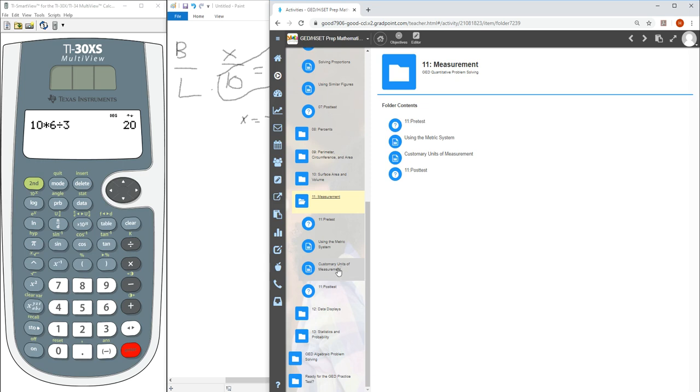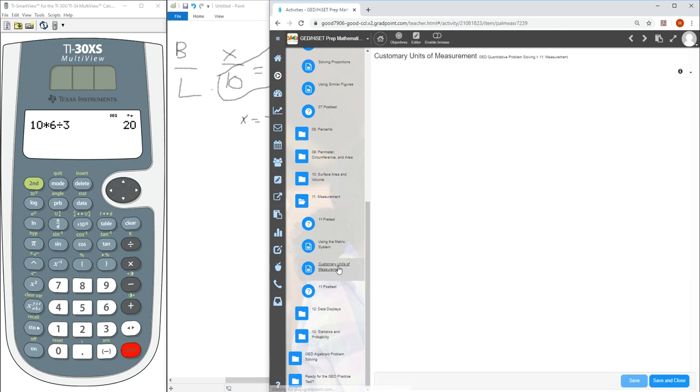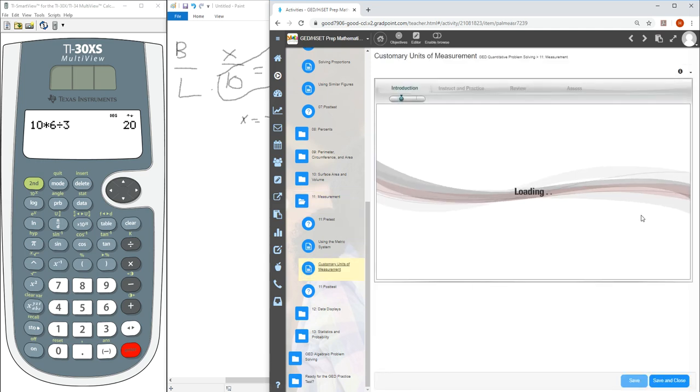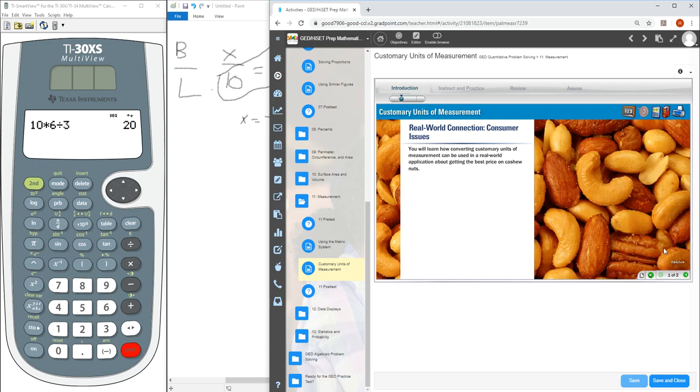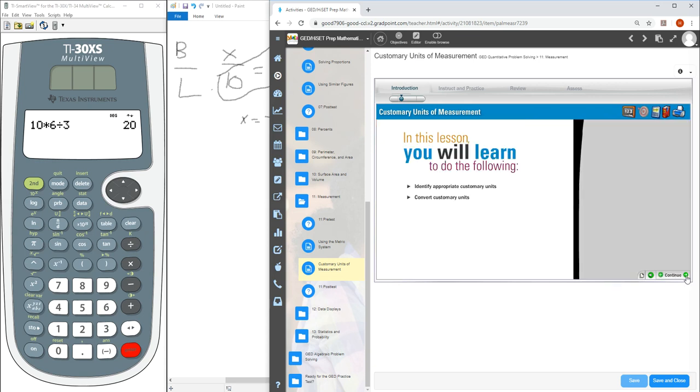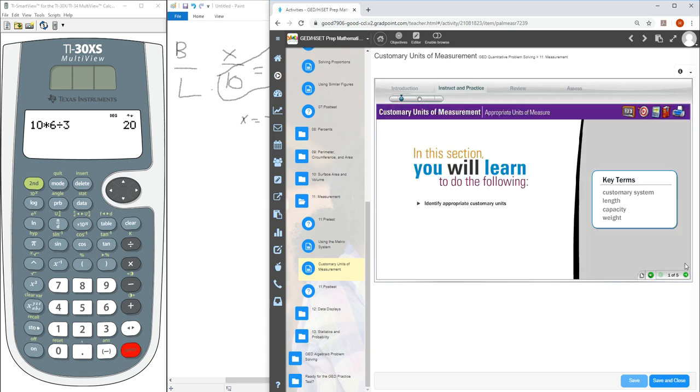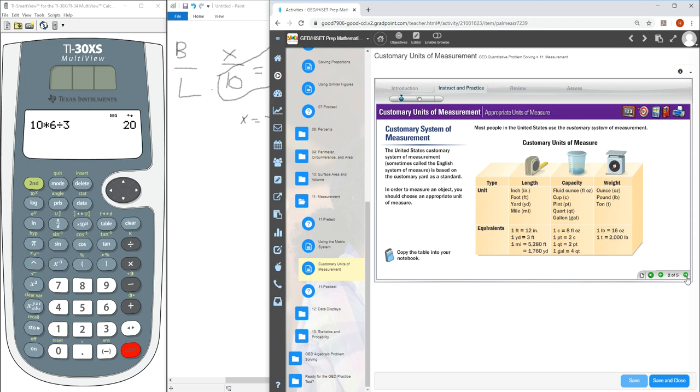Basically, metric is kilometers, meters, liters, grams. Customary is feet, inches, yards, pounds, cups, pints, etc. So let's check on customary units of measurement real quick, and we'll see if we can look at a little bit of this, because this is also a great platform to use cross multiplication. Let's do a simple problem or two here.